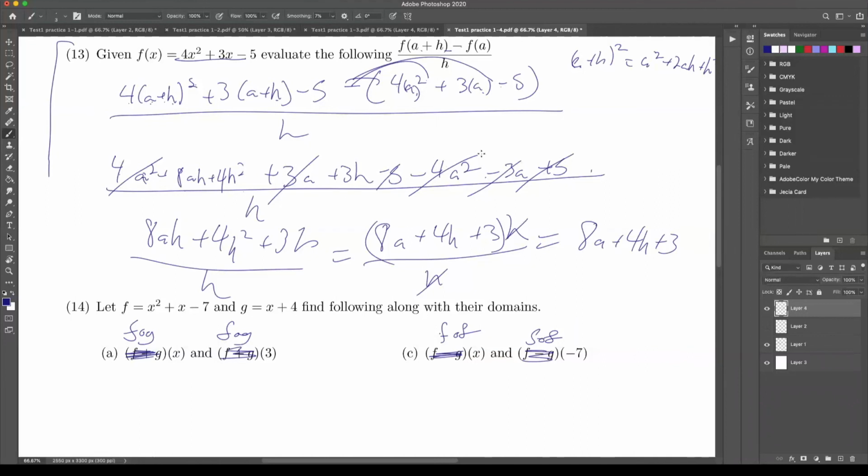And so here we just cancel stuff. The negative 4a squared cancels the positive 4a squared. The negative 3a cancels the positive 3a. The positive 5 cancels the negative 5. And so I'm left with 8ah plus 4h squared plus 3h.